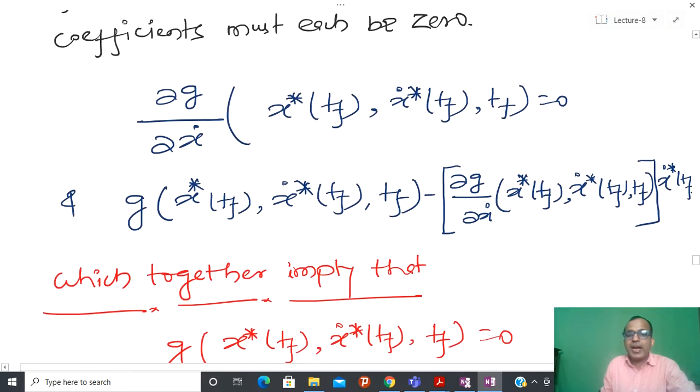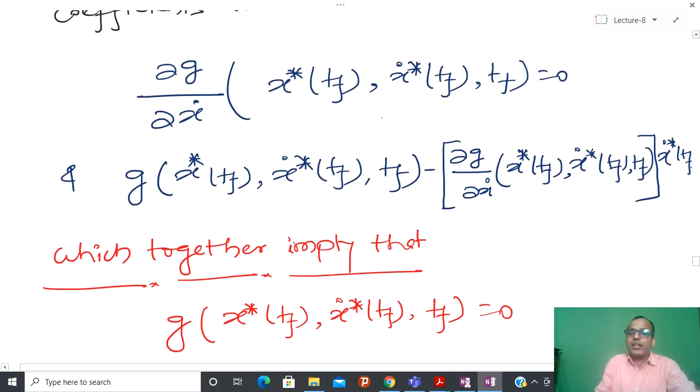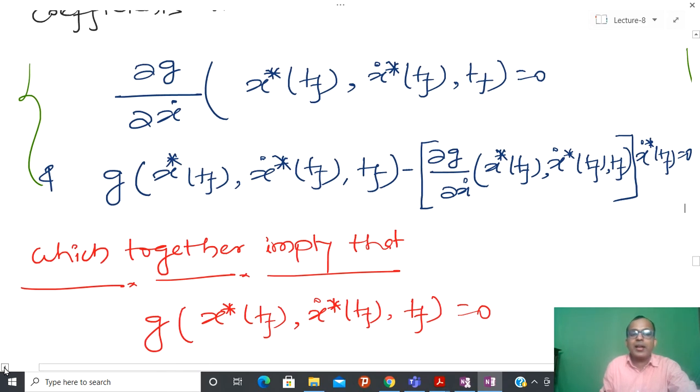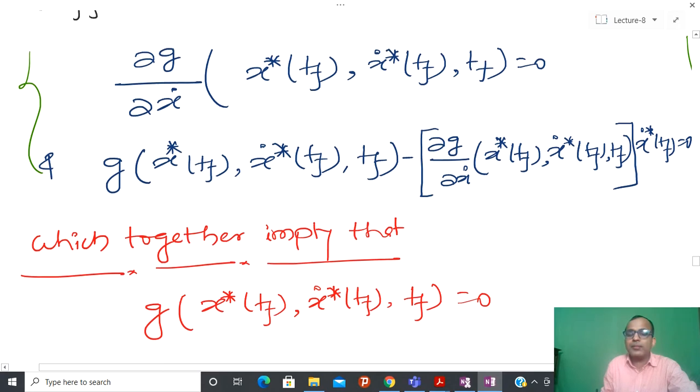So again, apart from the Euler equation, in order to give the necessary condition, I have to solve these two partial differential equations, and these two partial differential equations again provide us two boundary conditions, and the Euler equation is a second order differential equation.